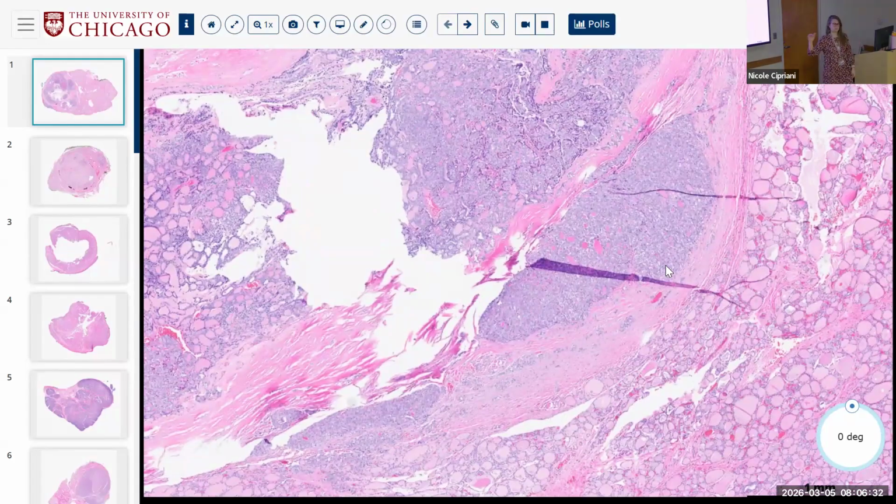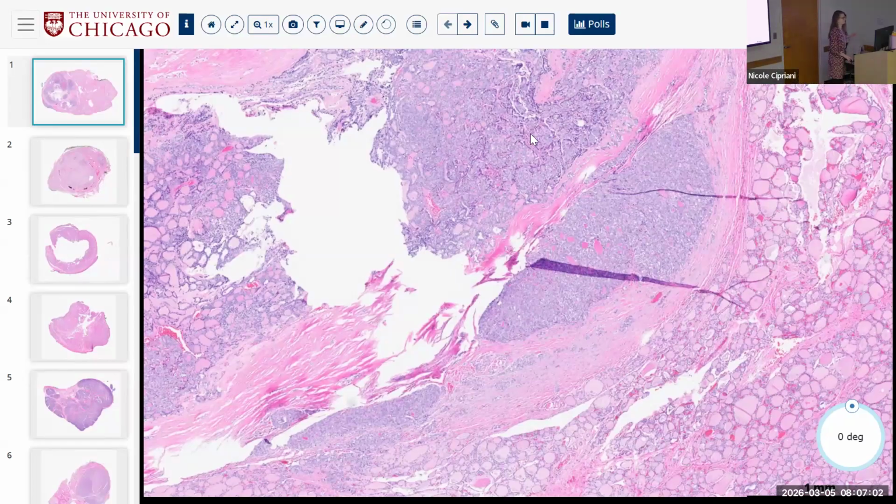What's the lowest? So capsular invasion only is what? Minimally invasive, okay? So minimally invasive FTC has capsular invasion only. What's the next one? Angioinvasive. Angioinvasive, right? Has any amount of capsular invasion, but also vascular invasion, angioinvasion, because that will predict distant metastases, okay?